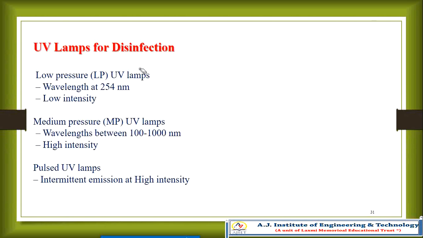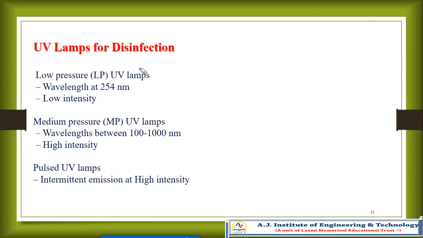This is also one of the important terminologies in water treatment systems, and it is great. It will kill almost 99% of germs and bacteria.